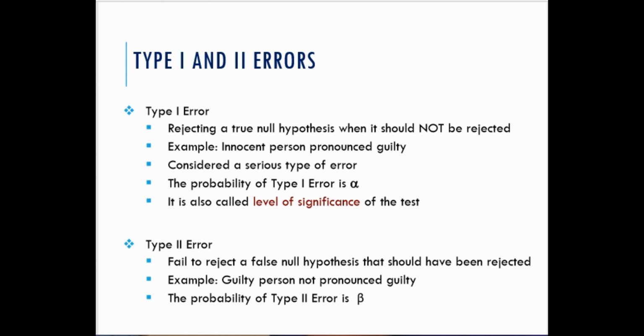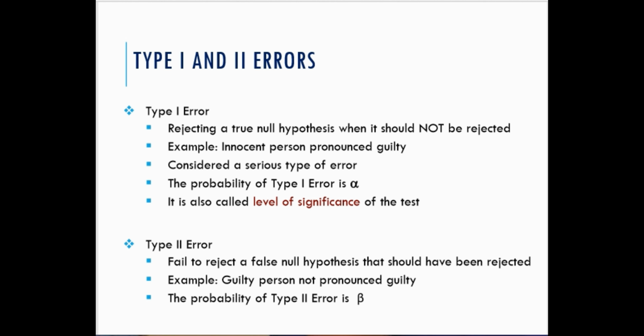They are not really guilty in real life, they are actually innocent, and you are suggesting that they are not innocent. So, this is an example of a true null hypothesis which was rejected using your sample data. This is considered to be a very serious type of error, and it is called a type 1 error, and the probability of committing such an error is known as alpha. This is also known as the level of significance of the test.